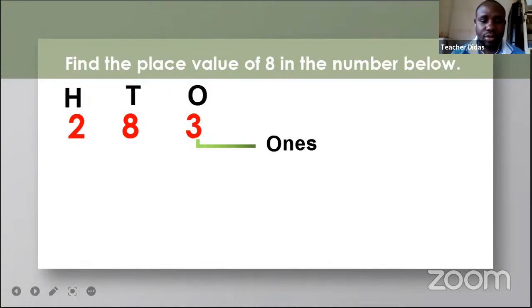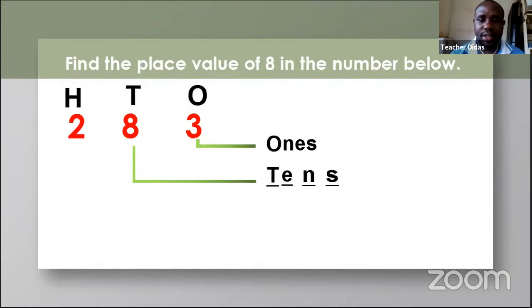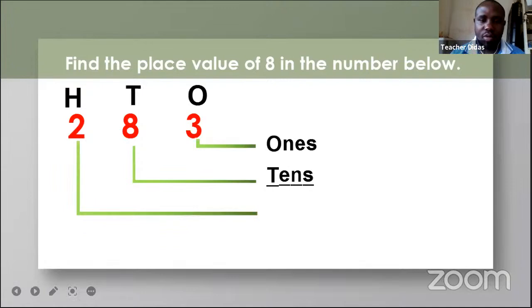Isaiah, mute yourself, please. Okay. Then the 8, it is tens. Then the 2, it is hundreds. Okay.